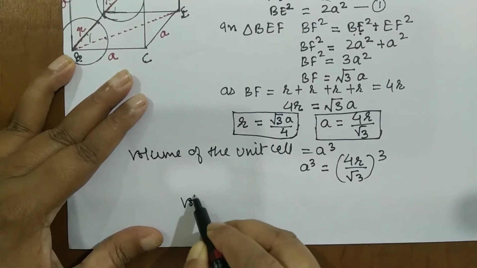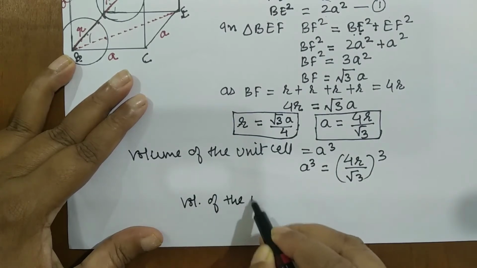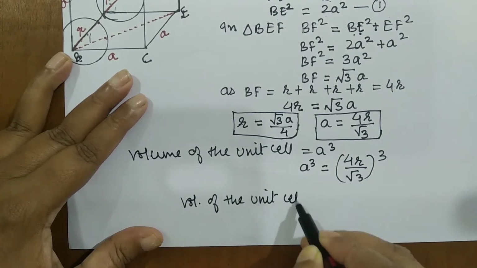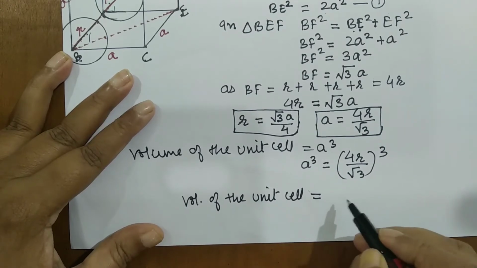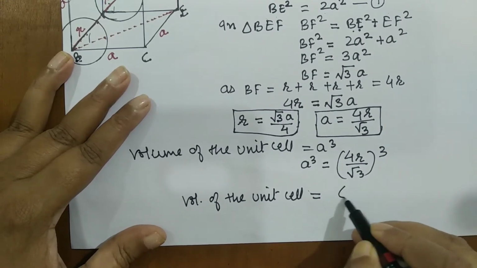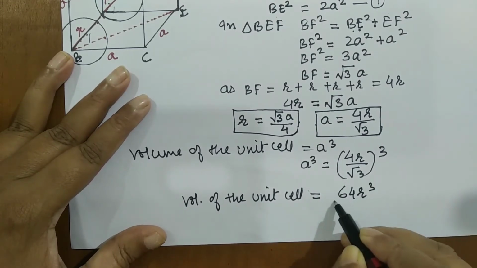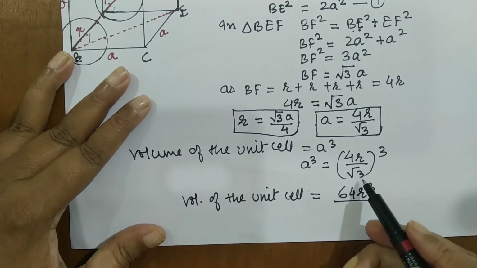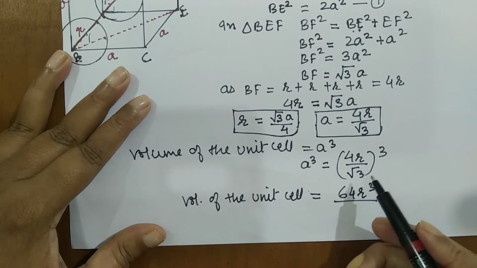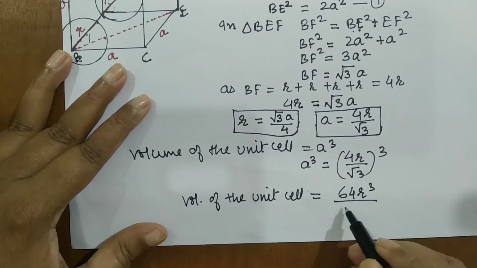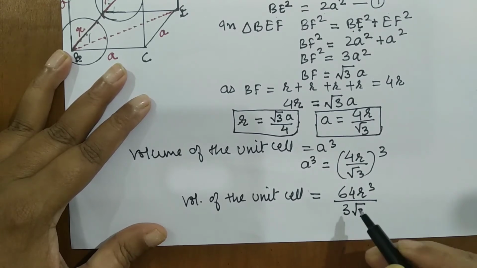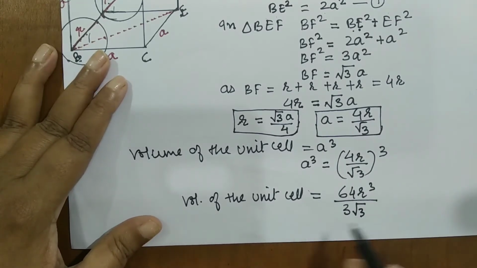So volume of the unit cell is equal to 64 r cube upon, students, this will become root 3 into root 3 into root 3. So it will become 3 root 3. So I got this volume of the unit cell.